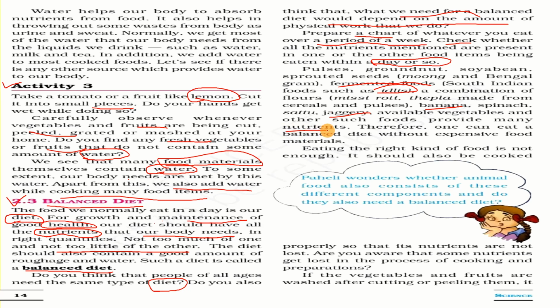We have seen in the previous slides which vegetables and fruits contain nutrients and what type of nutrients they contain. Go through it and you will come to know which foods contain nutrients. Therefore, one can eat a balanced diet without expensive food materials.